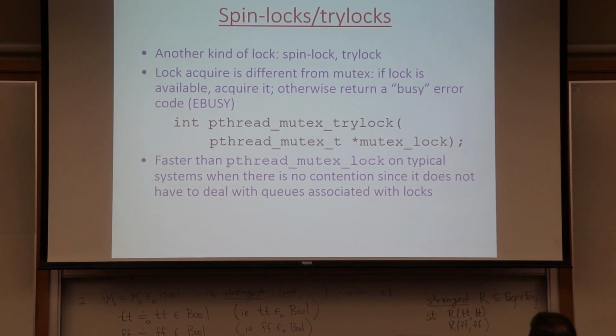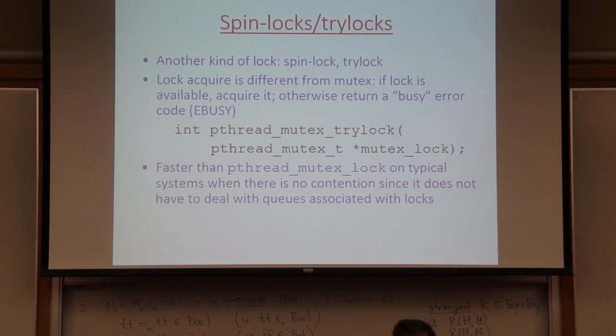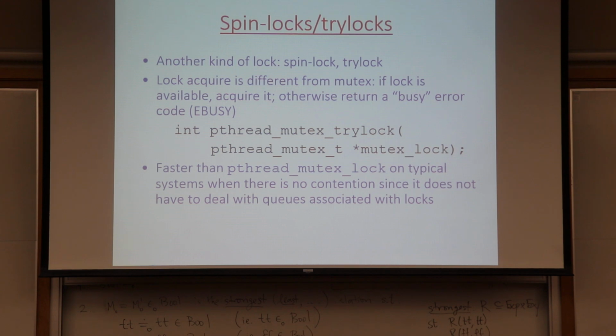Nothing to it. Okay, now there's another kind of lock which is called a spin lock. A spin lock is very much like a mutex, except that there are no queues. When you try to do a lock acquire, you get the status of that lock back. If that lock is free, it's made not available, and you get a status flag back, some value saying, okay, you have it.